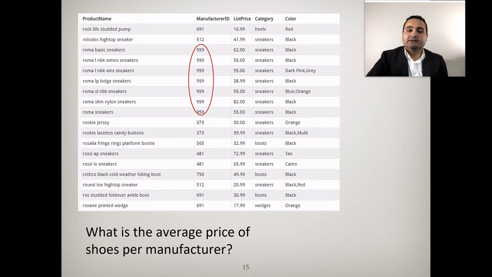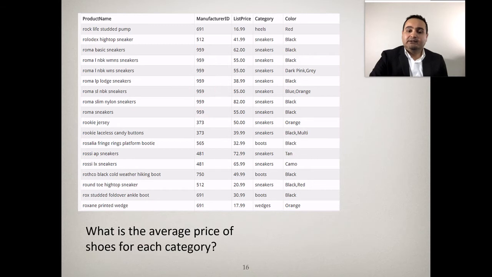We will select manufacturer ID as our first column, comma, and then average list price from product, and then group by manufacturer ID. So select manufacturer ID will be our first column, and then average list price. It will get better when we actually do it in the practice exercises.